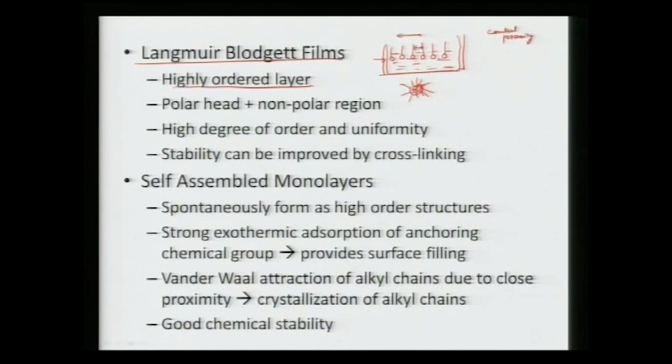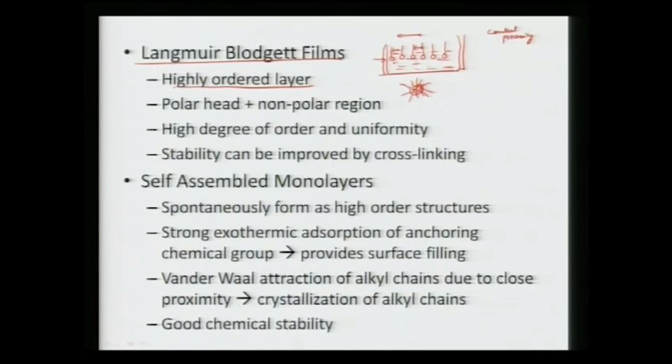So, if we somehow compress them, we can reduce the porosity between them, and since it is nothing but electrostatic attraction, they will tend to organize very near to each other. So, that is the reason it imparts a very high degree of uniformity.